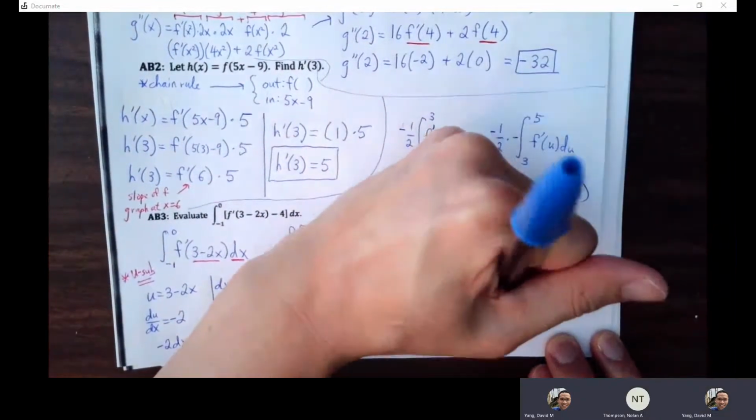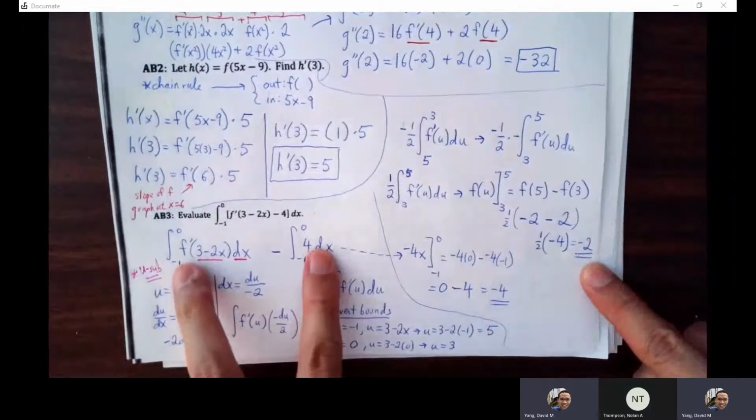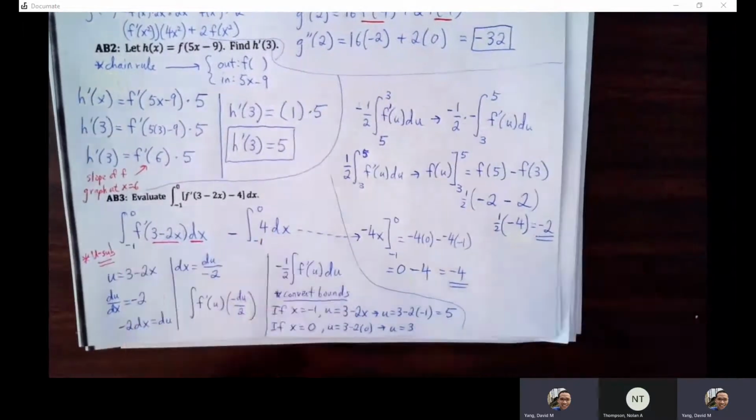So we have -2, we have -4. These are the results of our two separate integrals. So then we just combine them together.